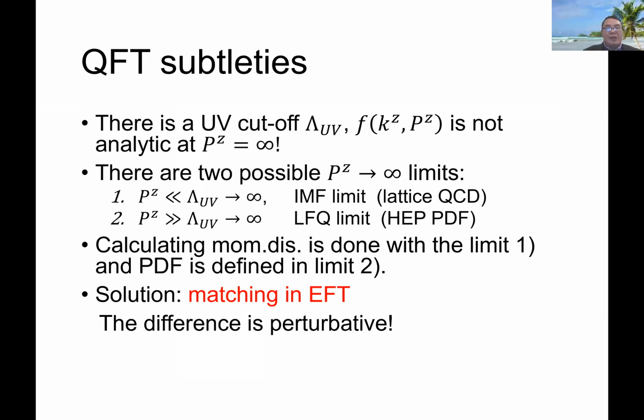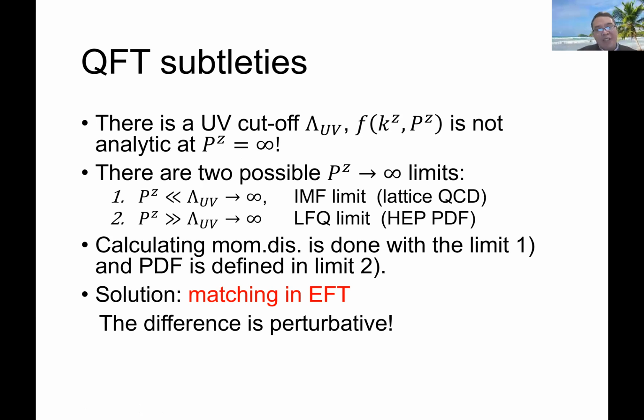However, this limit of PZ going to infinity has some subtlety in it. That's because QCD is a UV divergent theory, and you need to introduce a UV cutoff. And once you introduce a UV cutoff, PZ going to infinity is no longer analytic, because you're going to have log PZ in the calculation.